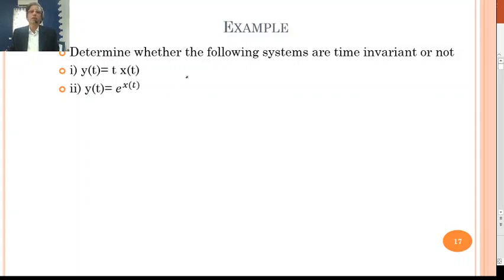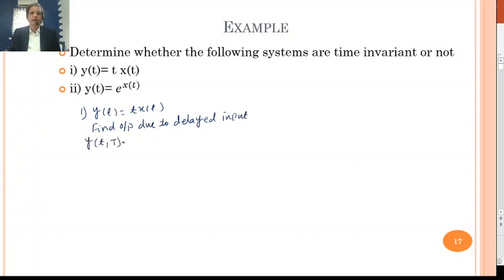Now solve this problem: check whether the following systems are time invariant or time variant. The first one is y(t) = t x(t). First find the output due to the delayed input. Delay this input: x(t-T).